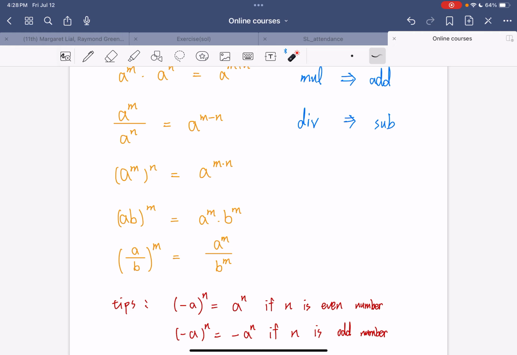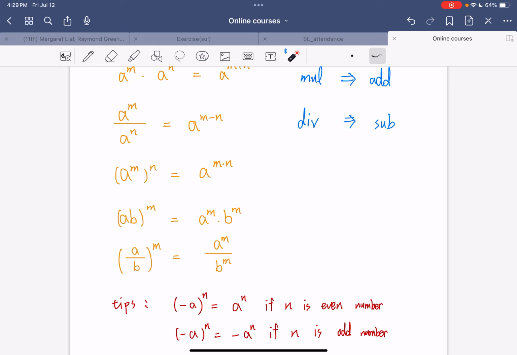And that also works for rational expressions. So a divided by b, in brackets with exponent of m, then your numerator will have m as its exponent, and your denominator will also have m as its exponent.